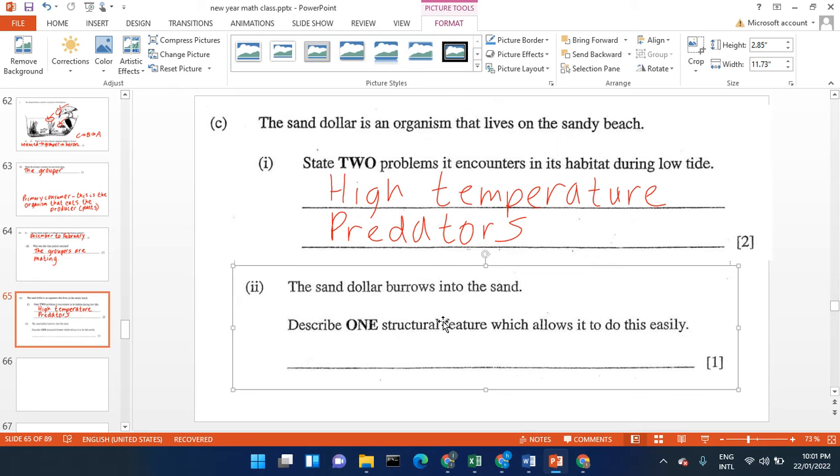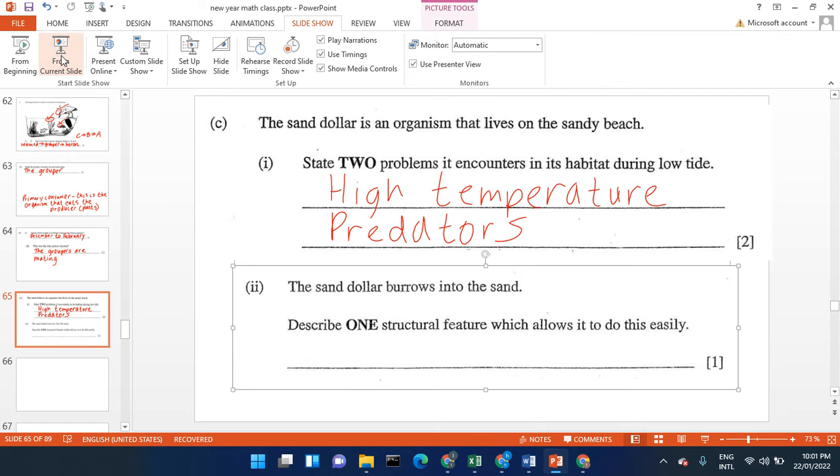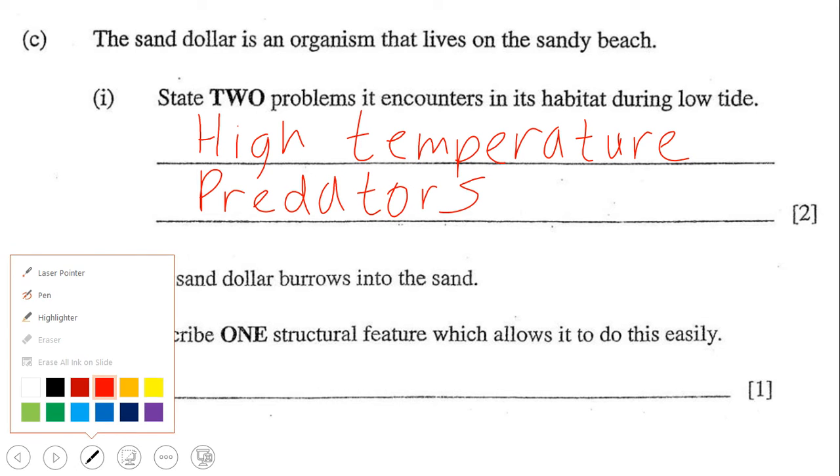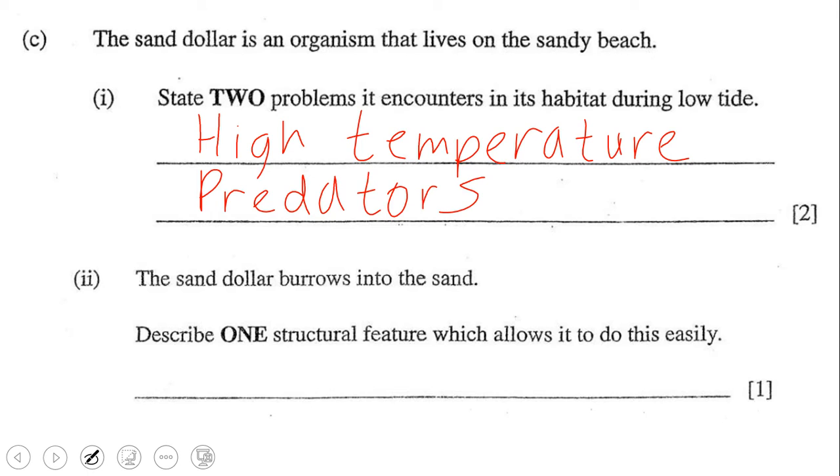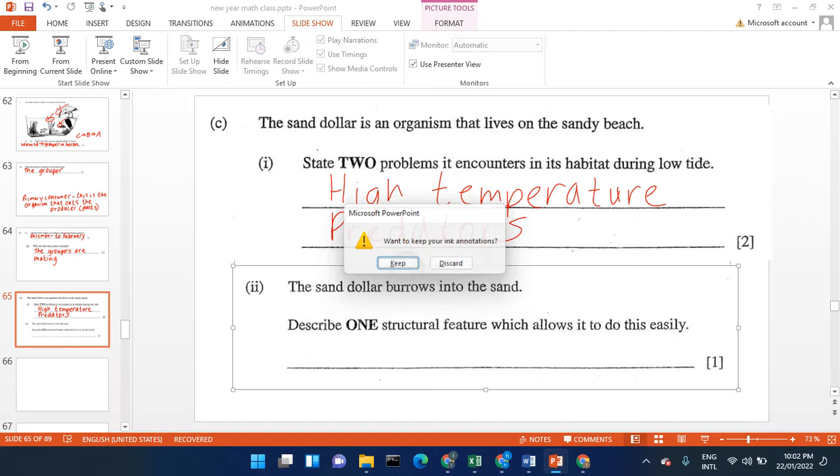What structural feature allows the sand dollar to do this easily? Here the answer is its tube feet. Because of the sand dollar's tube feet, it's going to be able to burrow into the sand easily. So tube feet is the answer for that.